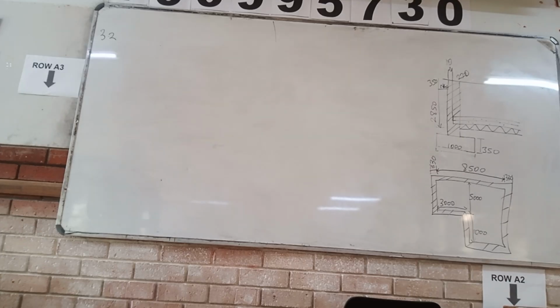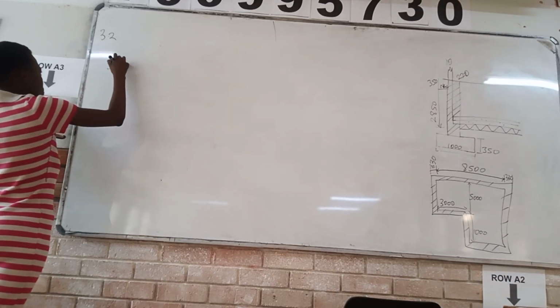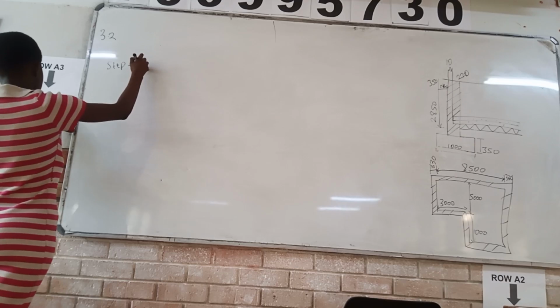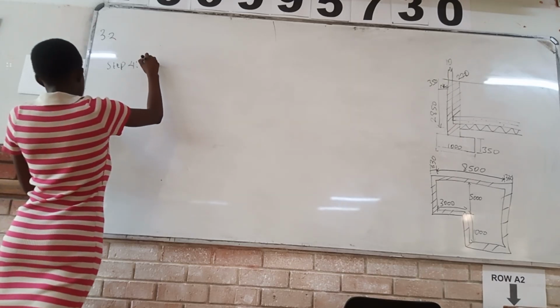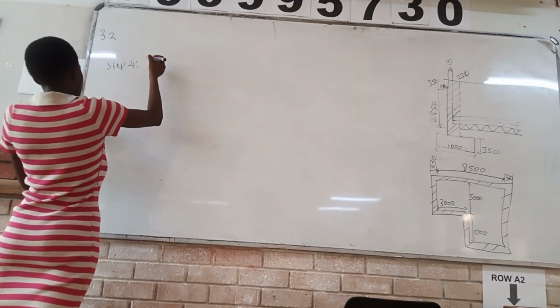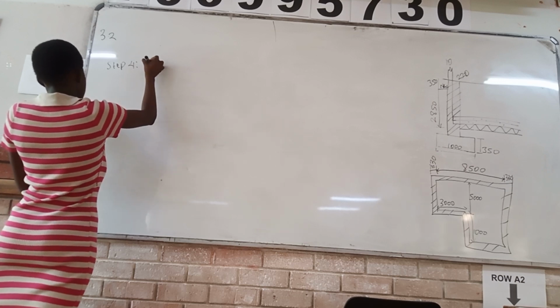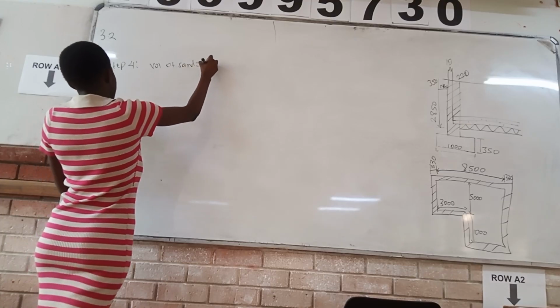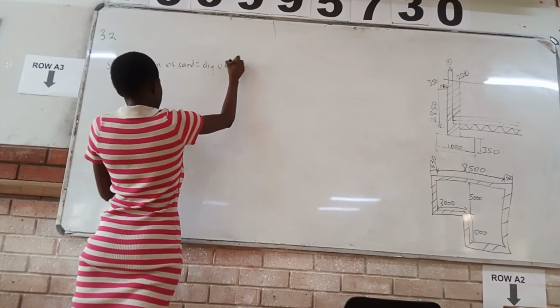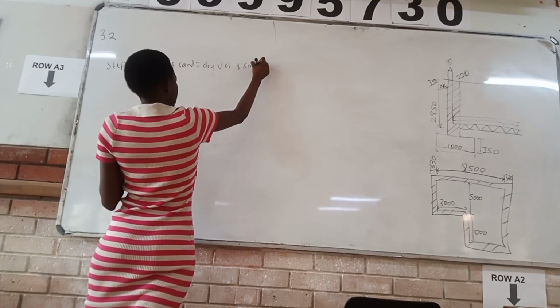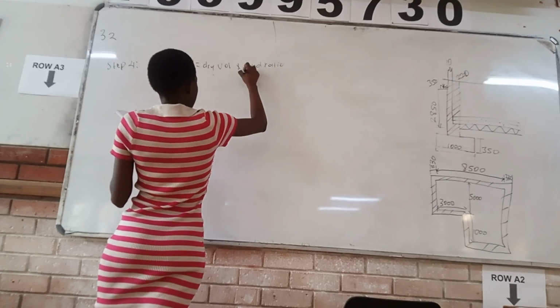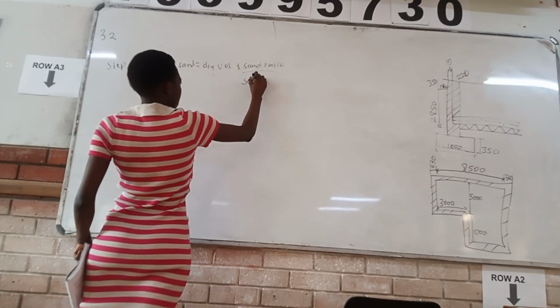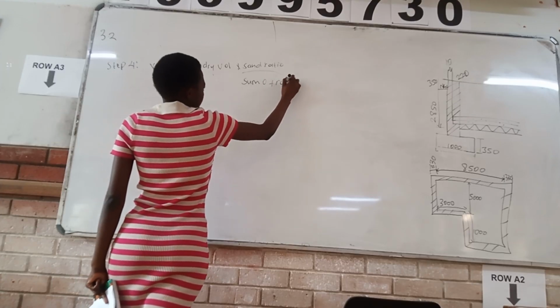Step 4, quantity of sand. Calculate the volume of sand. The volume of sand is equal to dry volume, multiplied by the sand ratio, all divided by sum of the ratio.